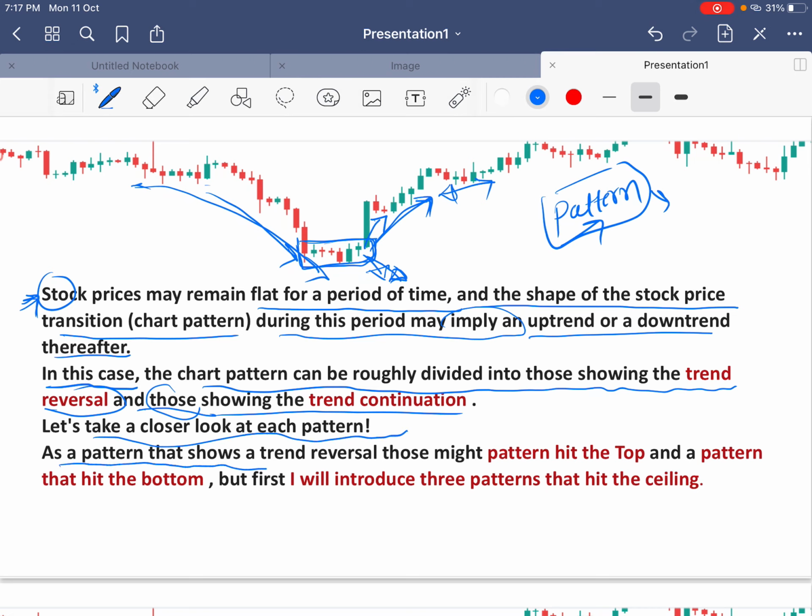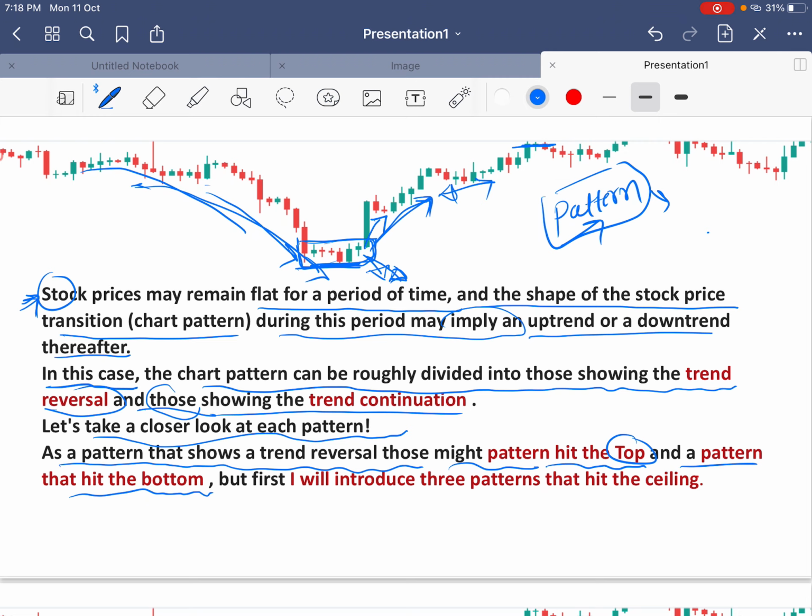As patterns that show a trend reversal, some patterns hit the top, and some patterns hit the bottom. From here you can see these might hit at the top side, and from here you can see that this might hit the downside.